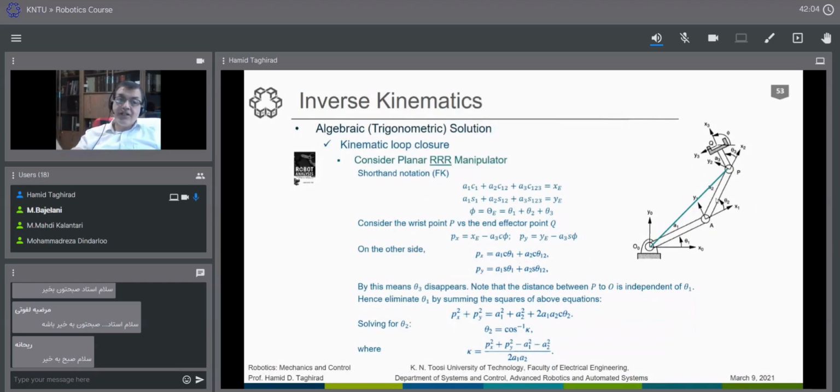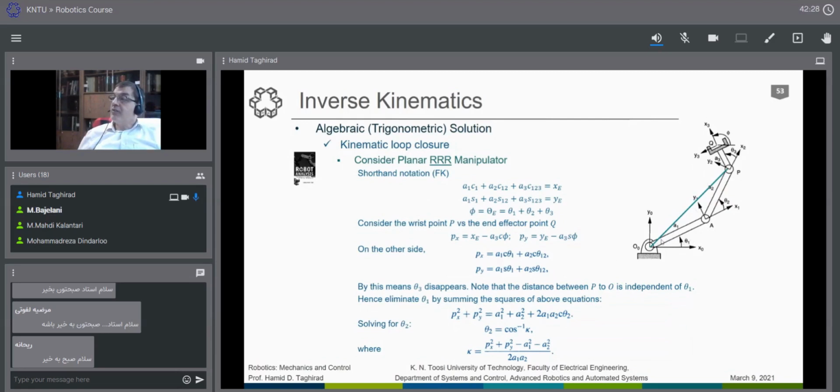Consider that theta is changing. Theta 2 is not changing. Theta 1 is changing, so this blue vector is rotating here. But the length of that vector doesn't change. The length of this vector is not dependent on theta 1. From this physical insight, we can eliminate that.